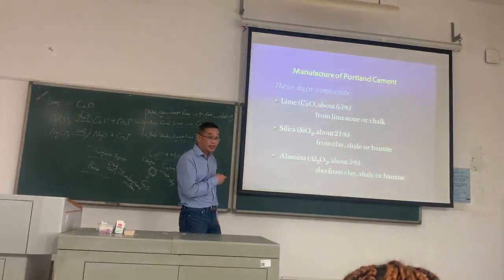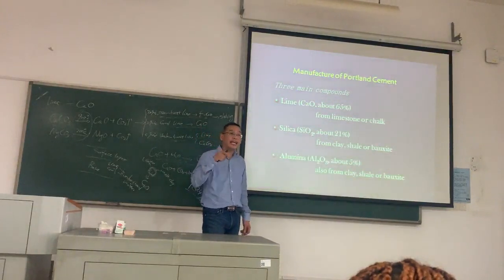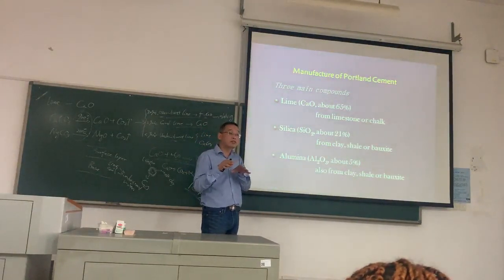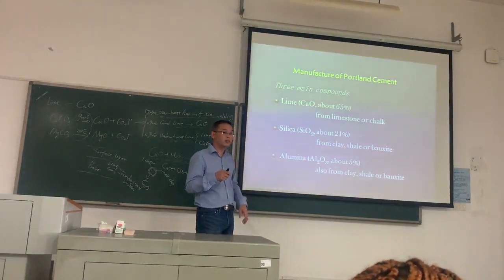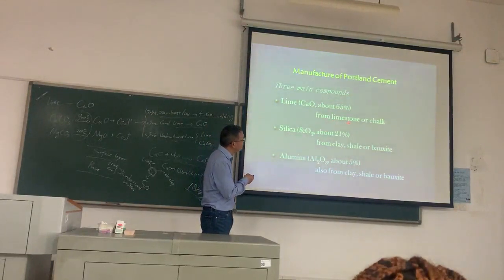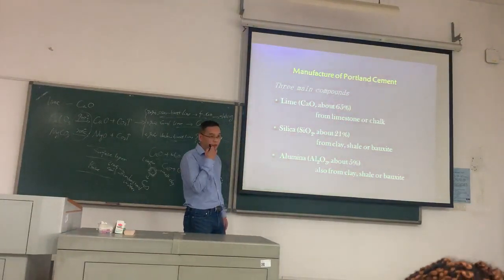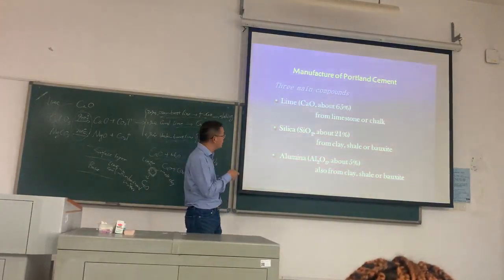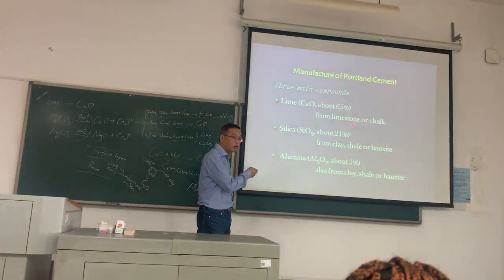Calcium oxide is about 65% in the cement. It comes from the limestone or chalk. So this is one kind of raw materials.